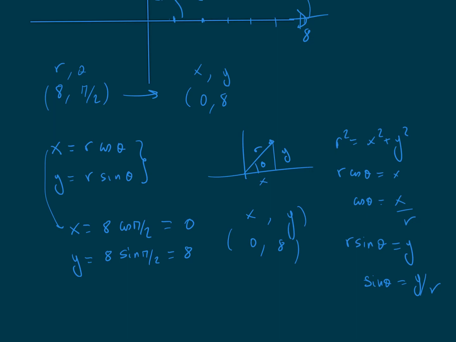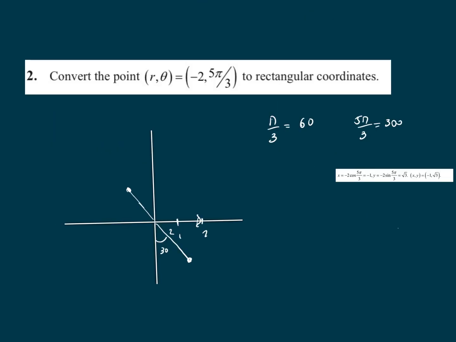Let's do another problem. Convert the point (r, theta) = (-2, 5 pi divided by 3) to rectangular coordinates. What is the x? What is the y? Well, the x is r cosine of theta. The y is r sine of theta.